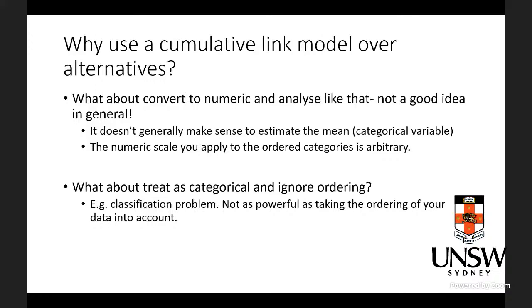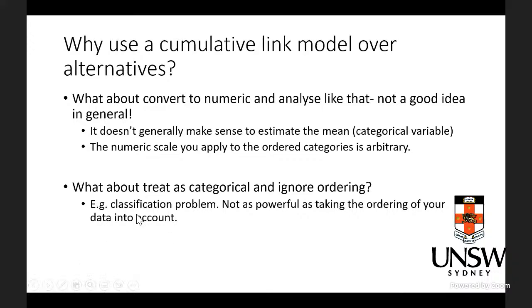Another option is to treat the variable as categorical and ignore the ordering. So, just treat it as a classification problem. I'm trying to classify each observation into one of the categories and use any old classification algorithm.